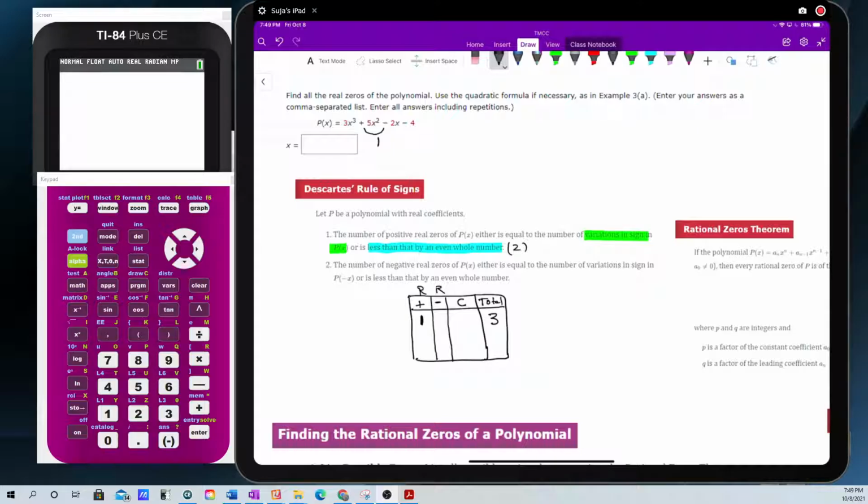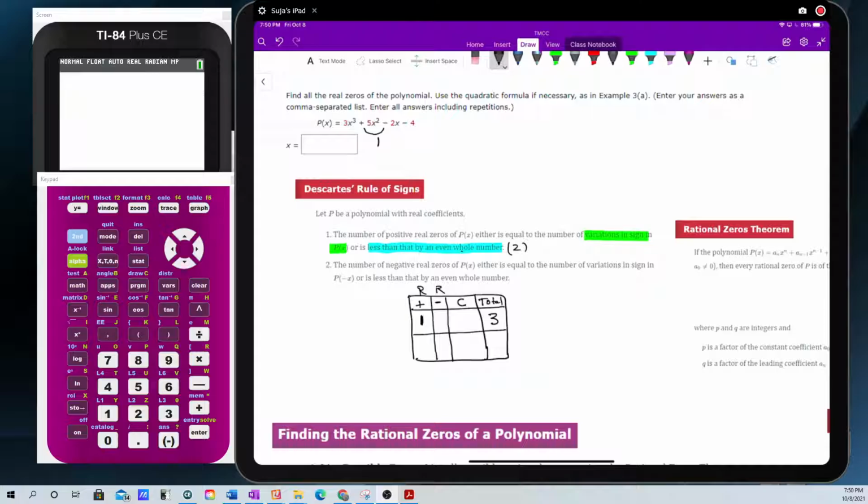I cannot apply the second part of the first sentence, reducing by an even whole number, because that's 1, and I cannot take 2 away from 1 and still stay in the positive range. So it's just 1. I bring down the 1, and now I'm going to jump into the negative part.